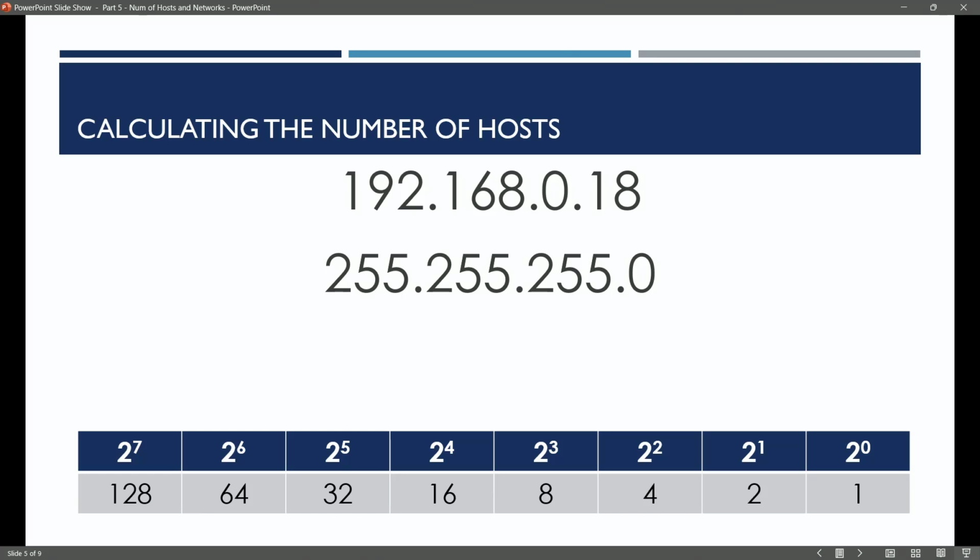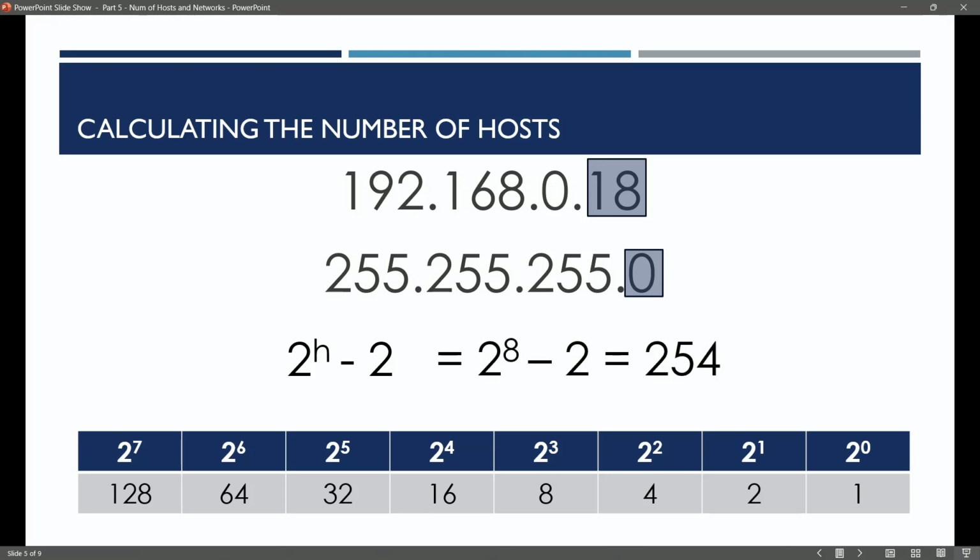And that is so easy. We know that we have 8 bits left here for the identification of a host. And if we plug that into our 2 to the h minus 2 formula, we're going to get 254. 2 to the 8 would be 128 doubled, which is 256, and then when you subtract your 2, you get the answer 254.